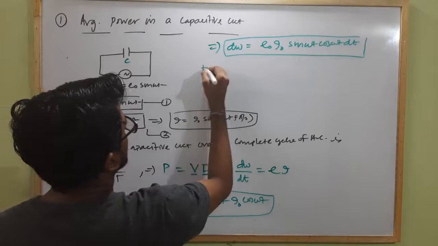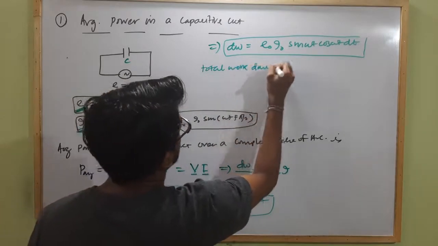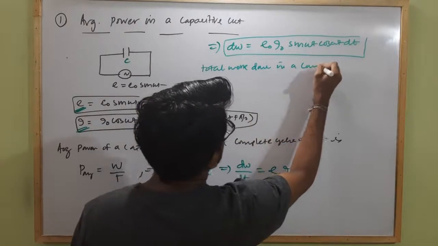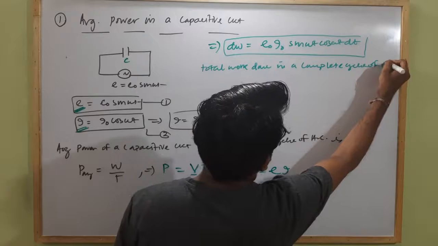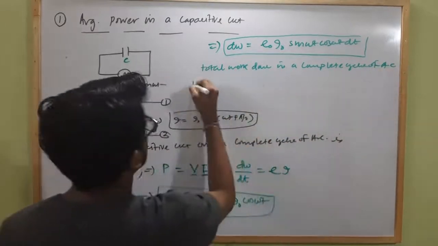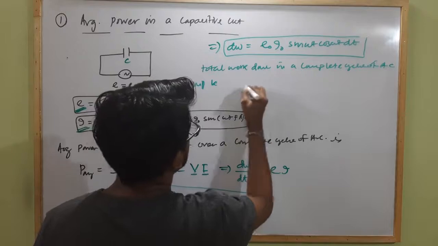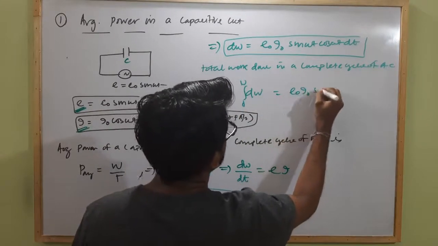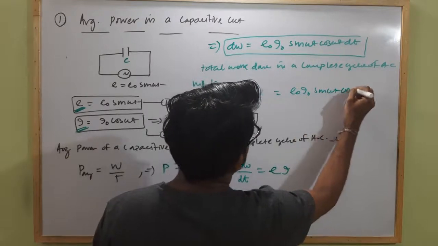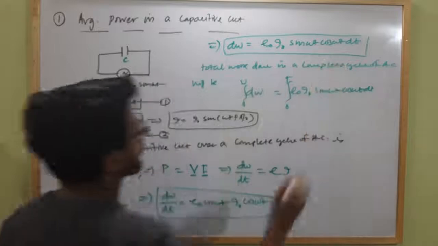So the total work done in a complete cycle of AC will be how much? Integrating this from 0 to T, it will be E naught I naught sin omega t cos omega t dt, integration from 0 to T over a complete cycle.